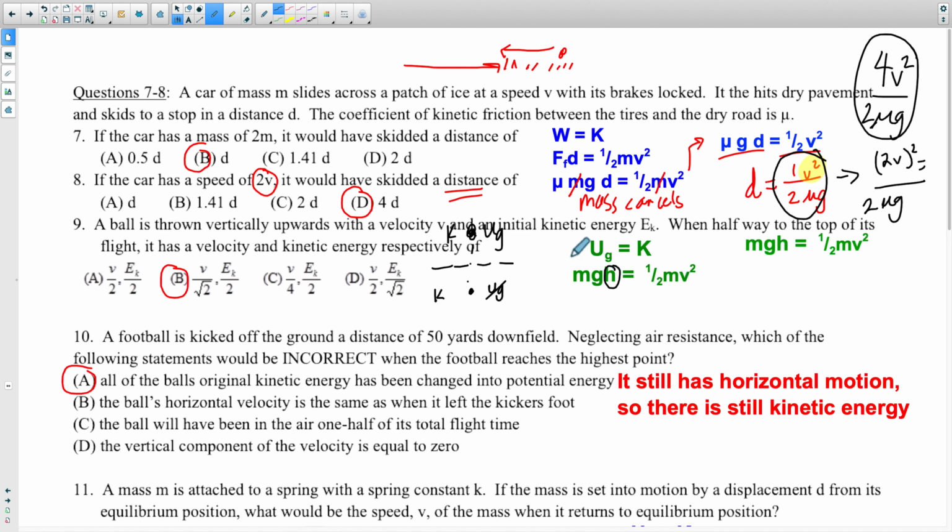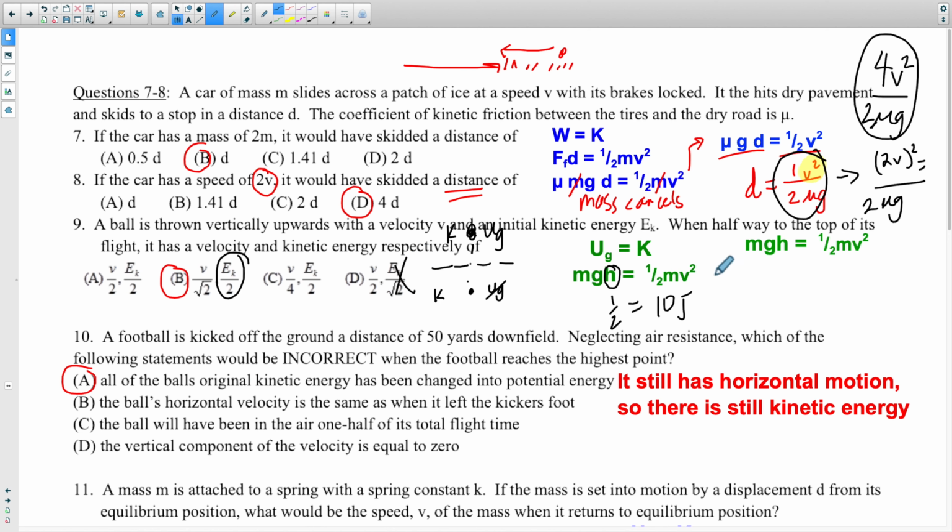For instance, let's say it starts off with 10 joules of kinetic energy. Halfway up, it's going to be half of that, so we're down to 5, because the halfway point is going to be exactly half. So that's why we have this. So it's not this one.